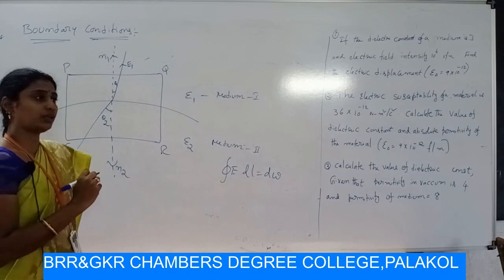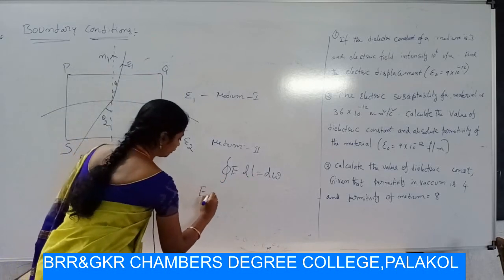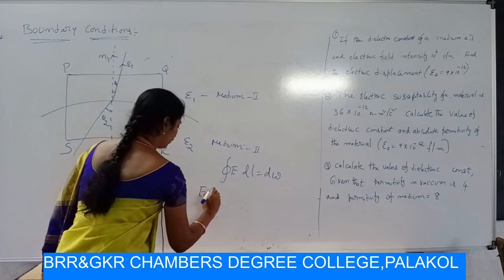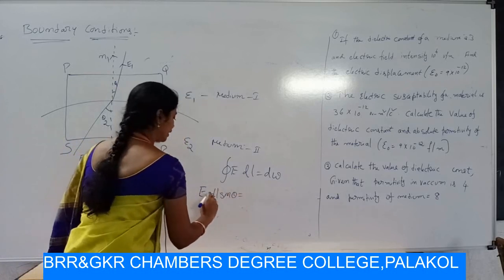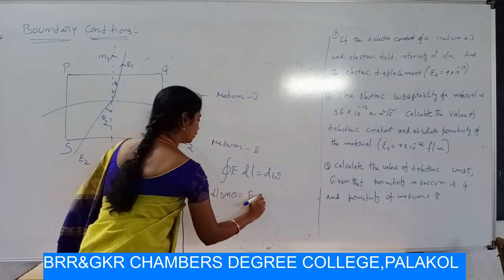The tangential component of electric intensity for the first medium is E1 dot dl sin theta 1, which is equivalent to E1 dot dl.